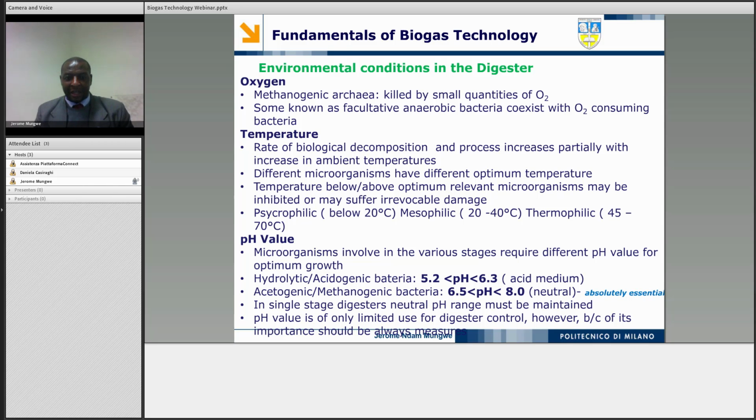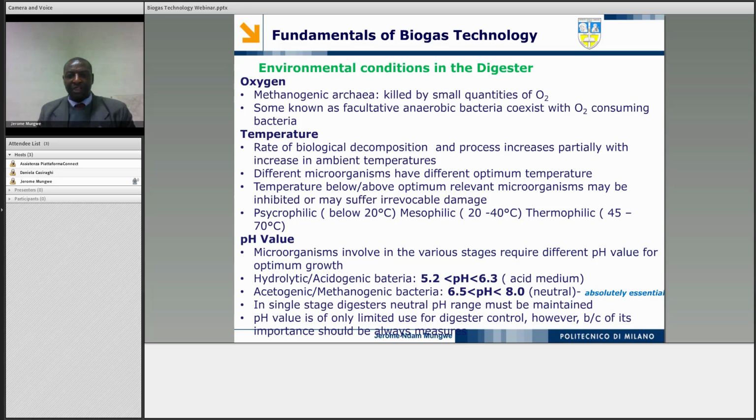And in the latter stages of the process, the bacteria require a much more neutral medium. In digesters where all the four stages take place in the same container, a neutral medium is absolutely essential.